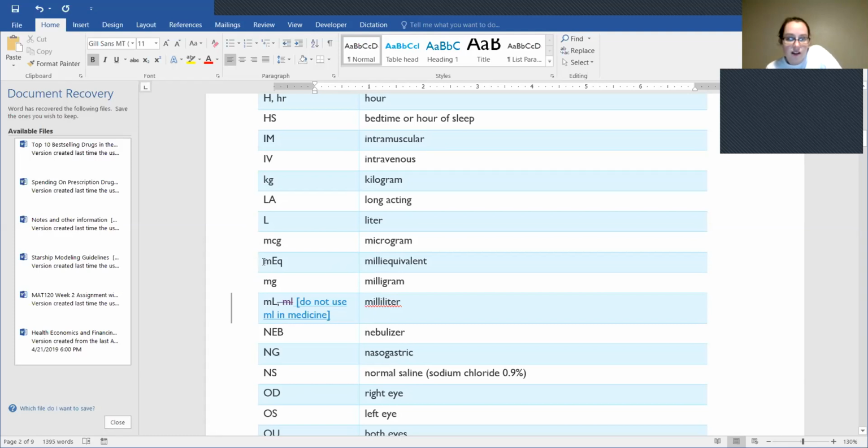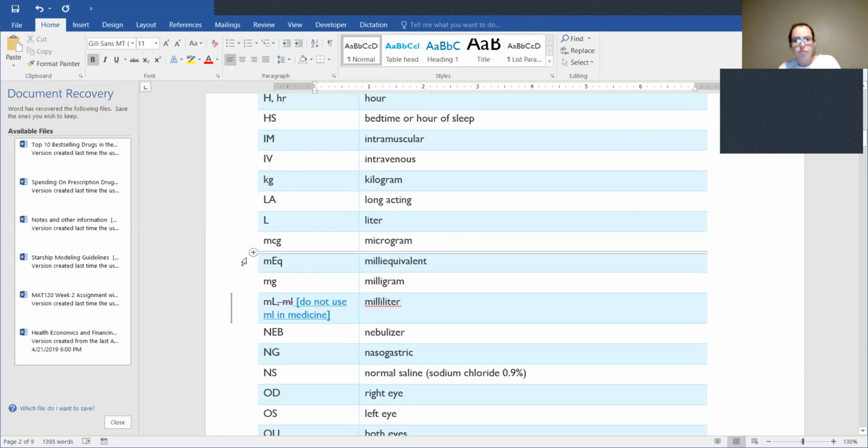We have something called a milliequivalent. You'll see this with drugs like potassium chloride or sodium bicarbonate, minerals and electrolytes. This is an old term that is related to the chemical combining power of these substances.